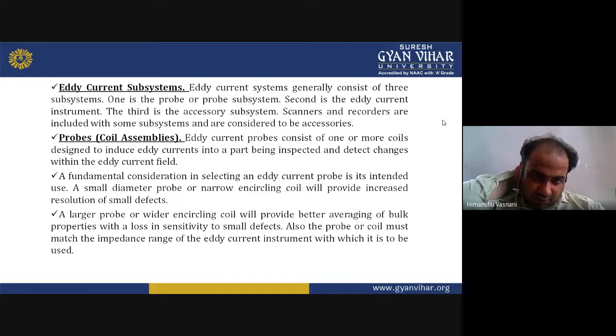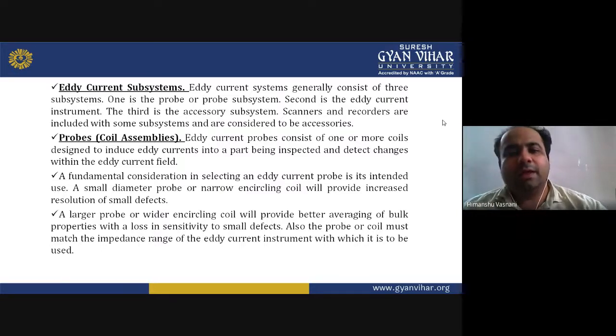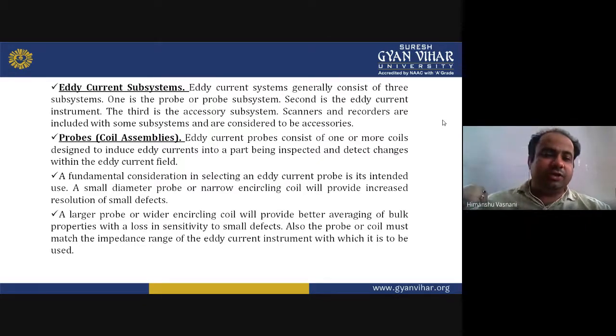Now, probes, the coil assembly. Eddy current probes are coils designed to induce eddy currents into the part being inspected and detect changes in the eddy current field.